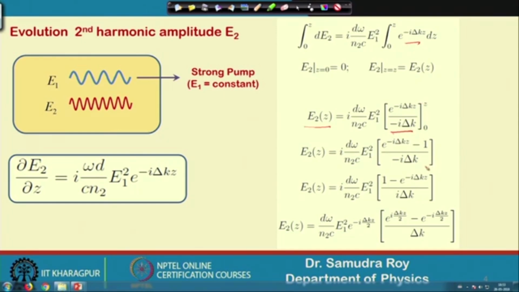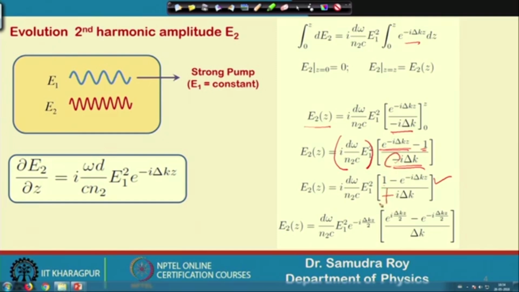Once I put this limit, what we have is d I d omega into c multiplied by E1 square, and with this boundary condition, the first term will be e to the power I delta k z minus 1, and the denominator will be as usual minus I delta k. We further simplify that, and if I absorb this minus sign, I will have 1 minus e to the power minus I delta k z.